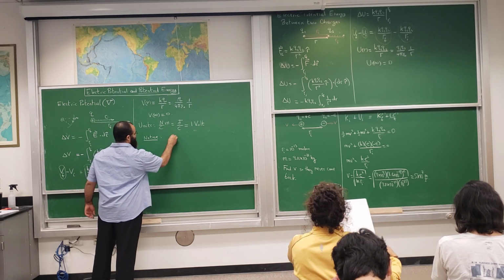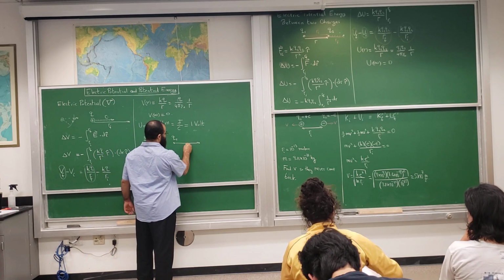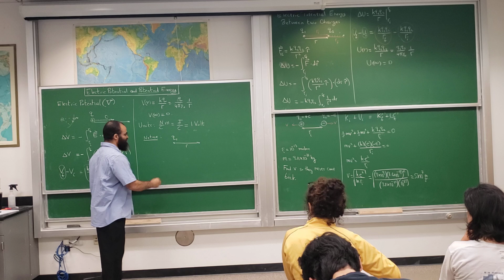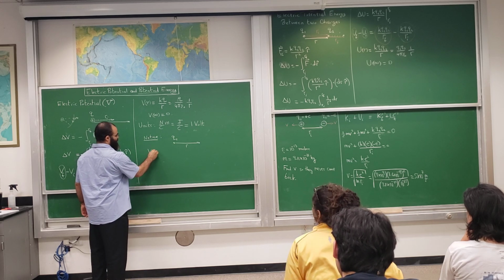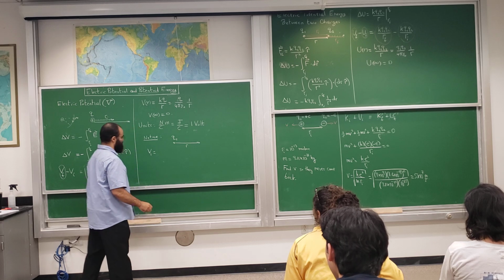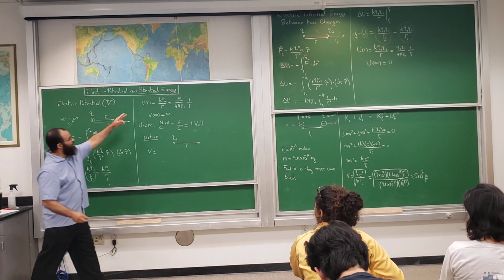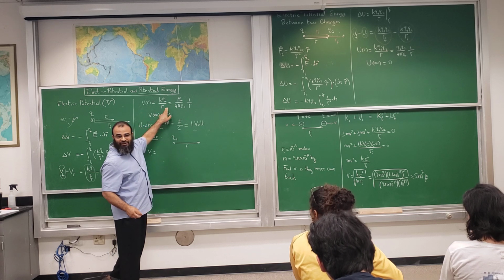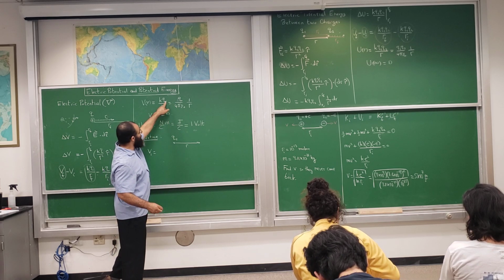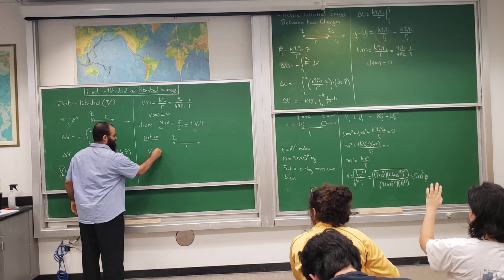So let's say I have a charge Q1 here, and the distance is R. What's the electric potential due to Q1 at this point? kQ1 over R. Since Q has a name now, it's Q1, so it's going to be kQ1 over R.